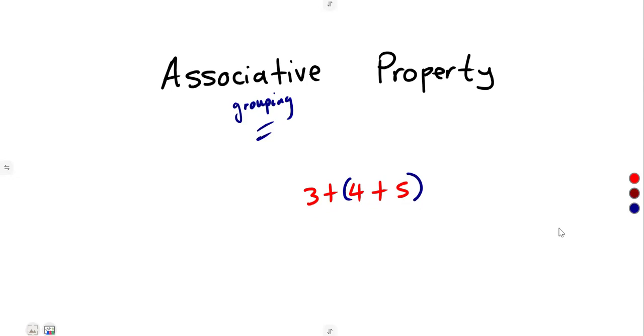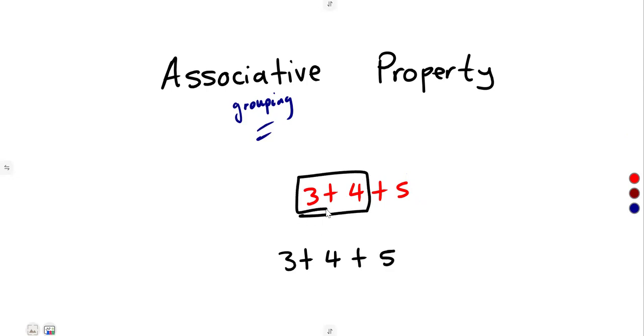Okay? So, having this condition, let's take an example. I have 3 plus 4 plus 5. Then I choose to have these two in a group, so I choose to have a bracket on 3 and 5.